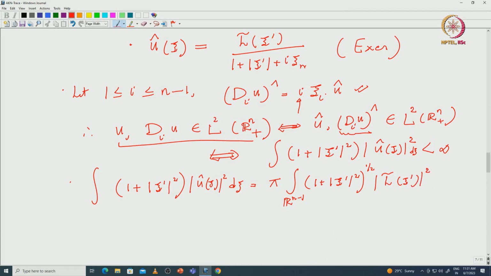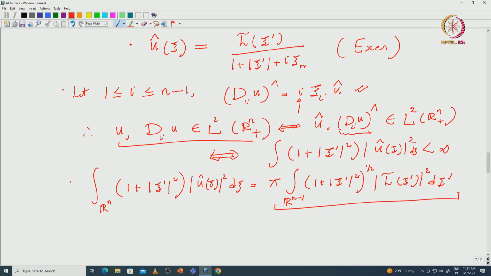squared d xi prime. So you see you converted the Rn integral, Rn or Rn, both are the same, to this one, anyway u is 0 outside. So you converted this integral to this one.